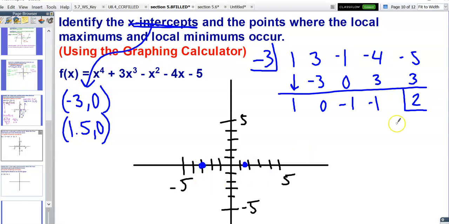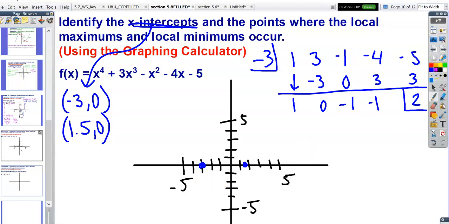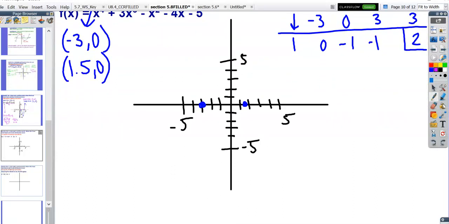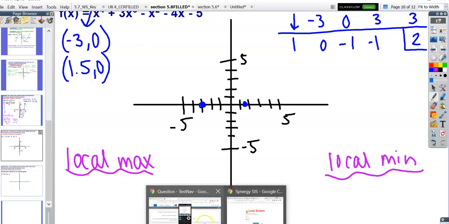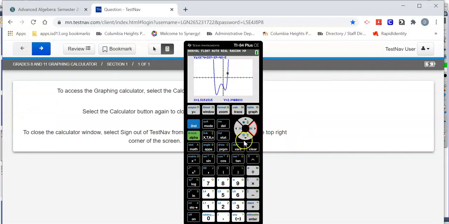And then let's calculate our local maximum and local minimum, or local maxima and local minima. So again, do second calculate.